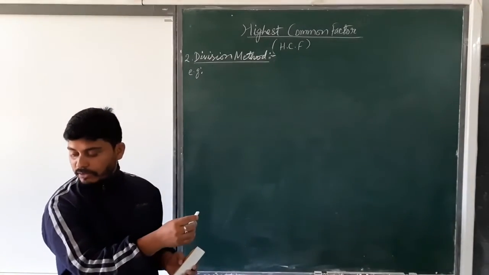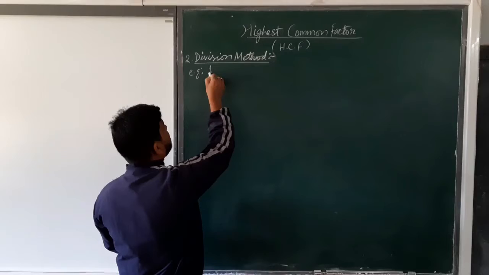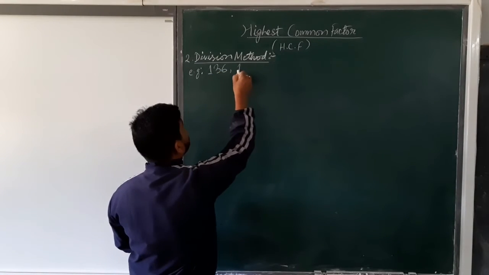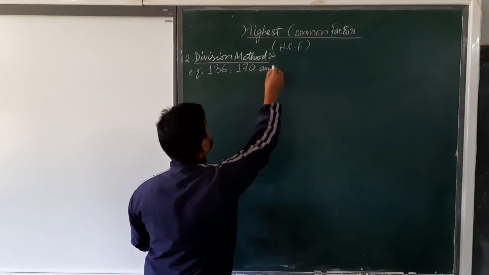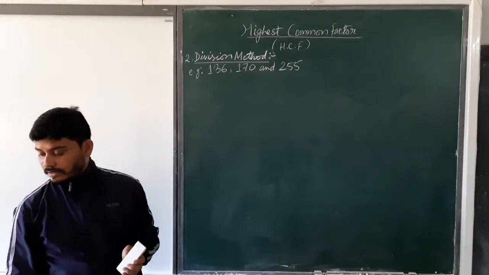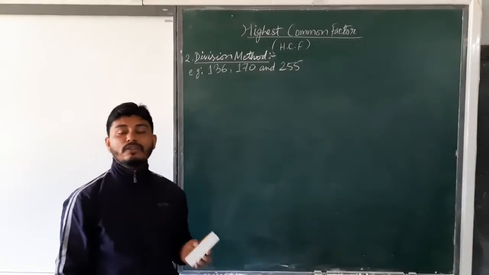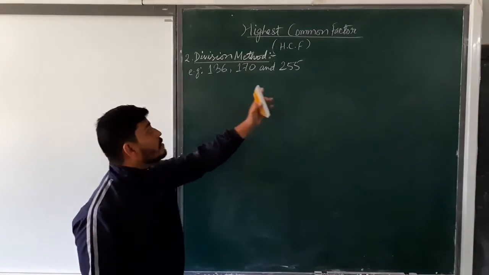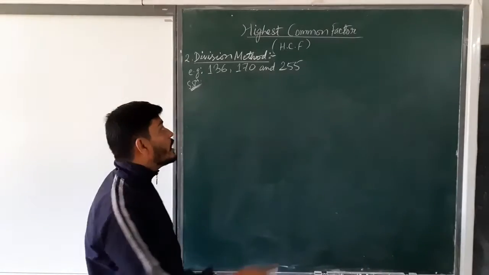Now if we have to find out the HCF of say 3 numbers, 136, 170 and 255. Here you can see there are 3 numbers. So as I said, first you take a number and divide it by the smaller one.